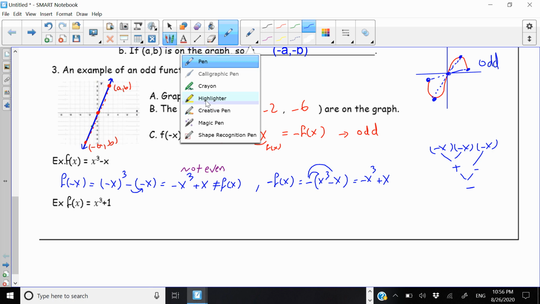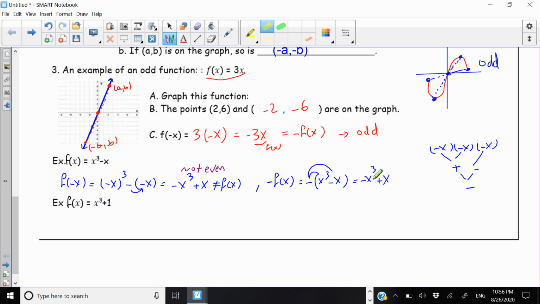Okay, so what happened here? Negative f of x is equal to f of negative x. These two are equal to each other. So that means we have an odd function here. Why? Because f of negative x was equal to negative f of x.